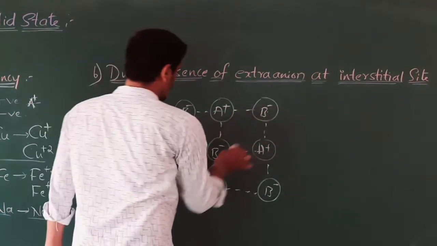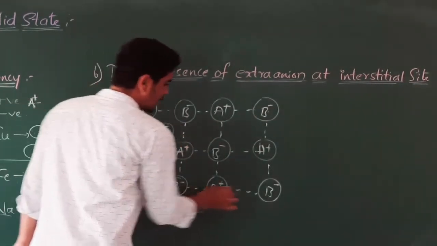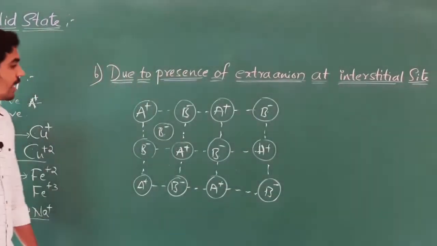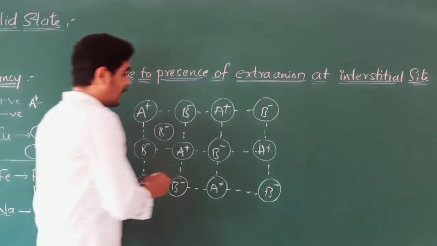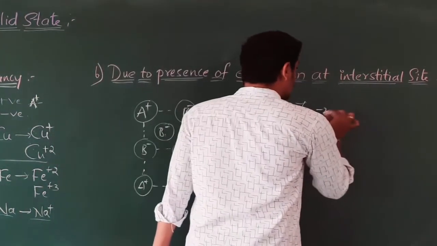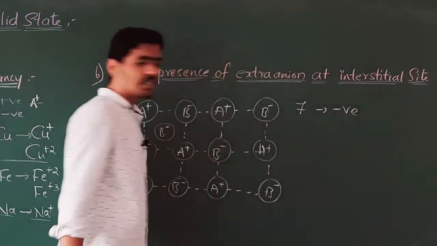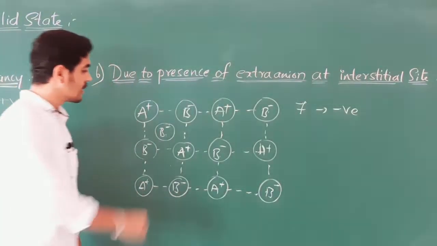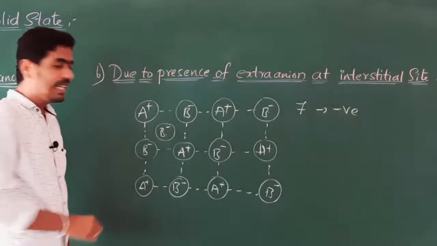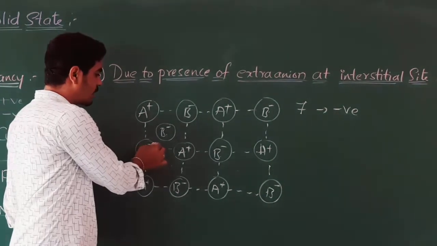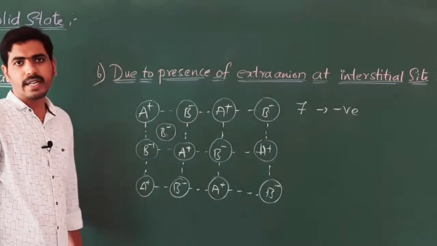So how many anions are there here? 1, 2, 3, 4, 5, 6, 7 anions and 7 negative charges are there. ಎಷ್ಟು ನೆಗೆಟಿವ್ ಚಾರ್ಜಸ್ ಅದಾವಿಲ್ಲ? 7 ನೆಗೆಟಿವ್ ಚಾರ್ಜಸ್. Each anion has -1 negative charge.